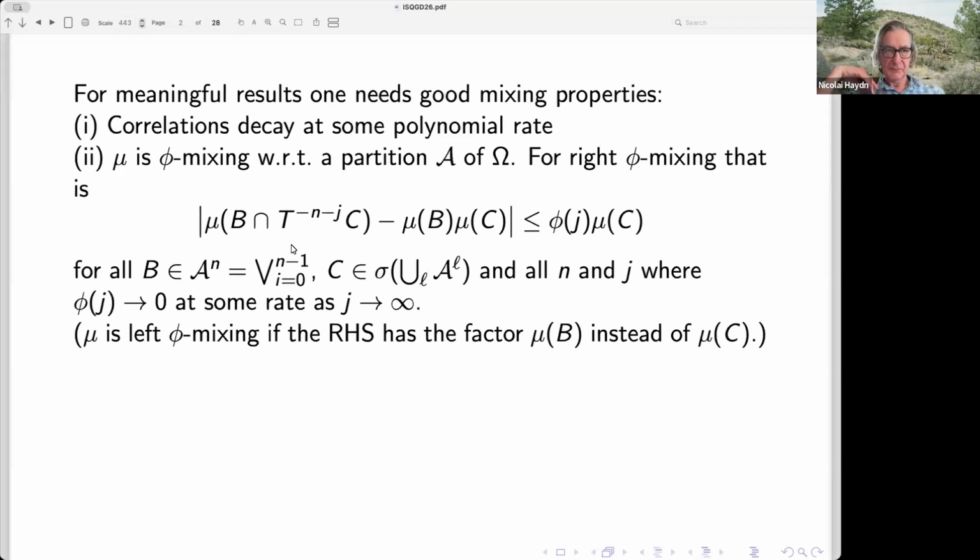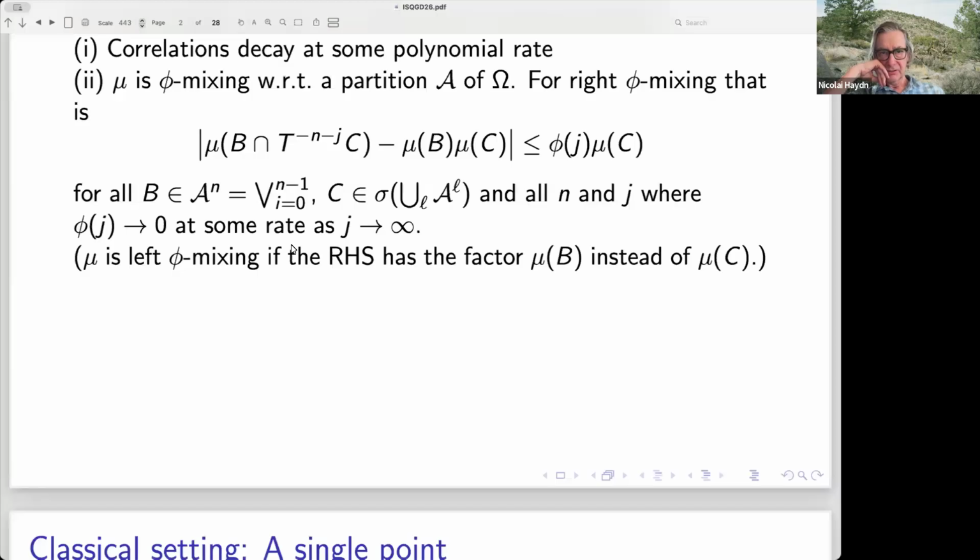The ones typically being done are to take care of correlations, which I will say more about today, or one can do mixing properties, like phi mixing. On the right-hand side in the estimate there's a mu of C, but could just as well have a mu of B, and one gets a mirror image of results that are more or less the same.